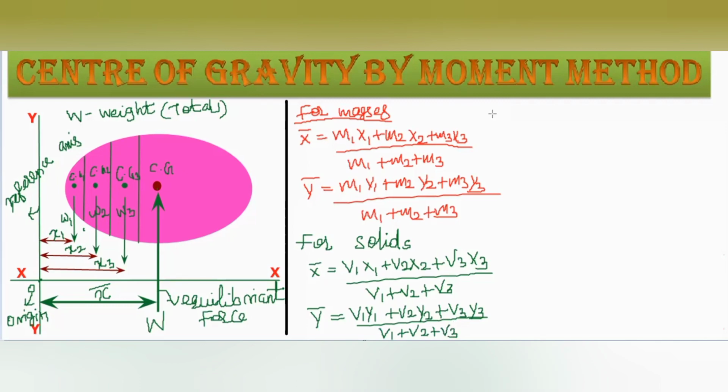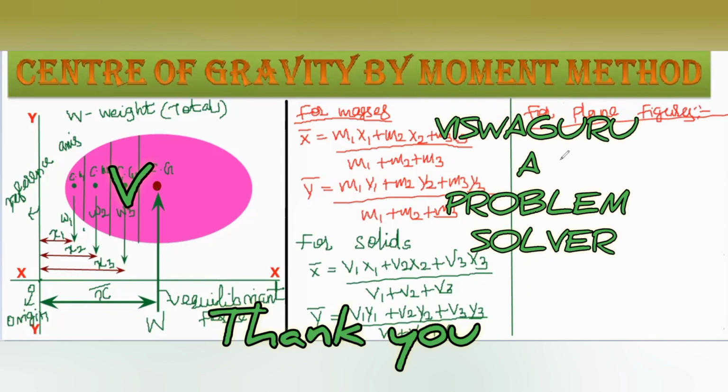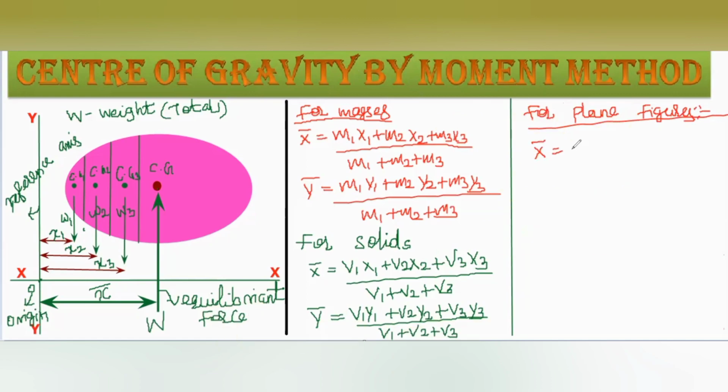Then finally, for areas or plane figures, x bar, instead of the volume, here we will consider the area: a1 x1 plus a2 x2 plus a3 x3 divided by a1 plus a2 plus a3.